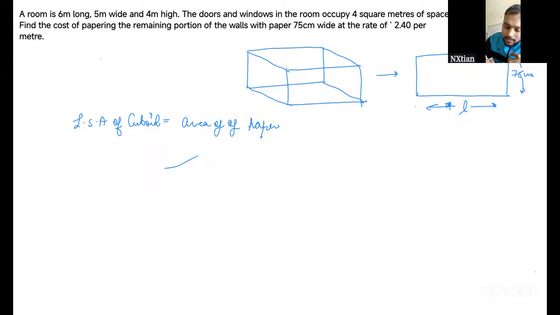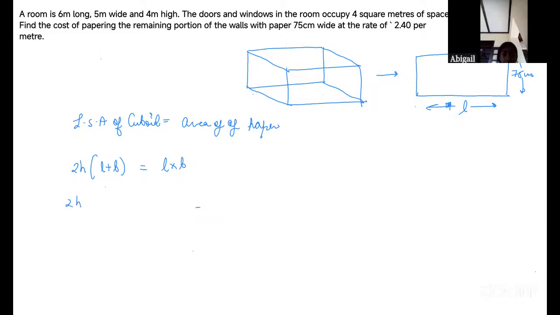So now what is the LSA of a cuboid? 2h into L plus B is equal to area of paper, which is length into breadth. Okay, did you understand? Yes or no? Yes. 2h into L, which is 6.